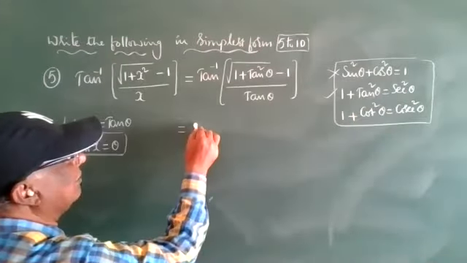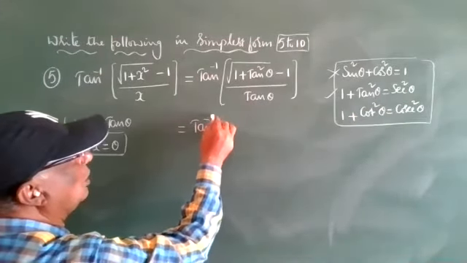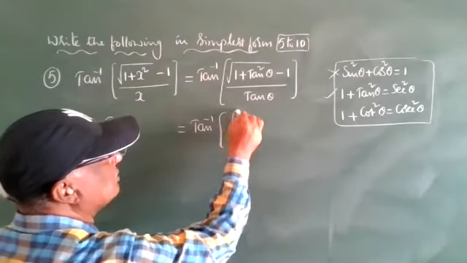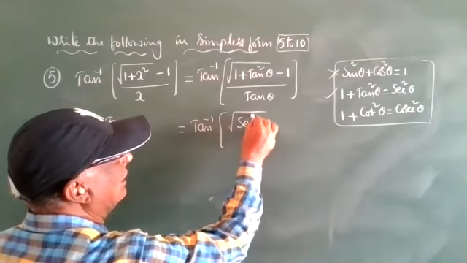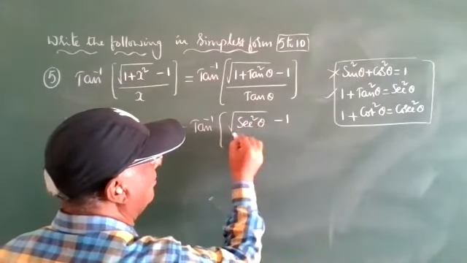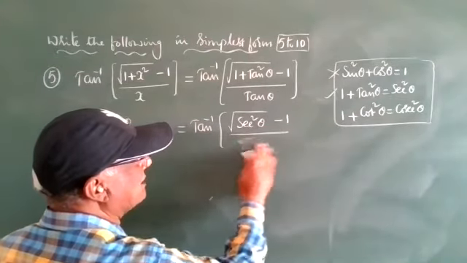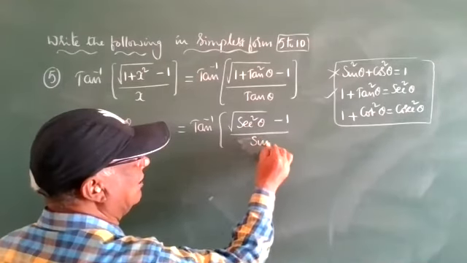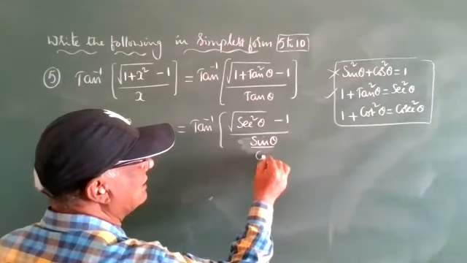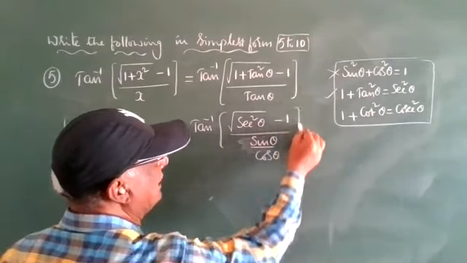So tan inverse of root over secant square theta minus 1 by tan theta. Tan theta I will write as sin theta by cos theta.